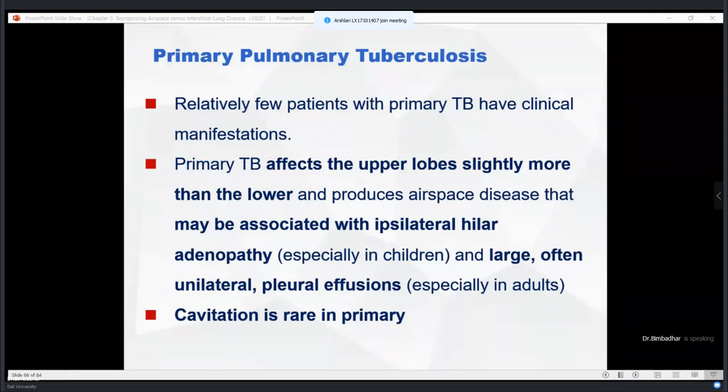A persistent cough with productive sputum for more than 15 days is the first suspicion, and then associated things like high grade fever, hyperpyrexia, night sweats, weight loss, and loss of appetite are some of the diagnostic criteria for tuberculosis.